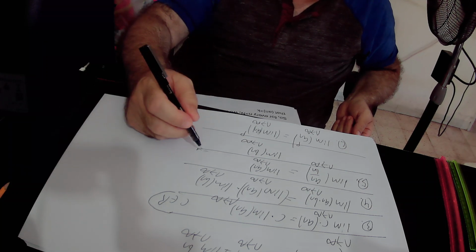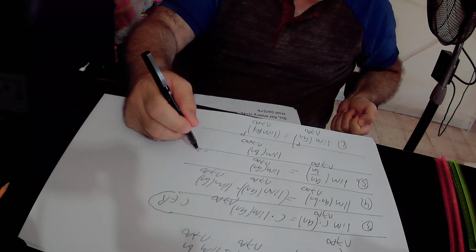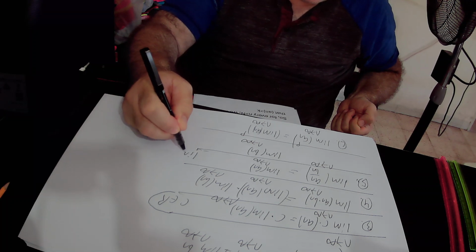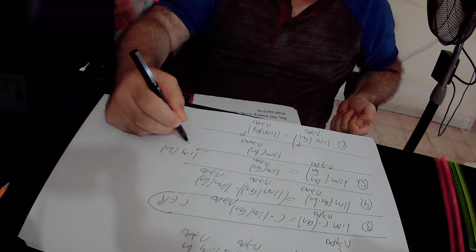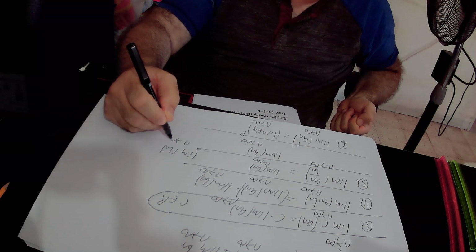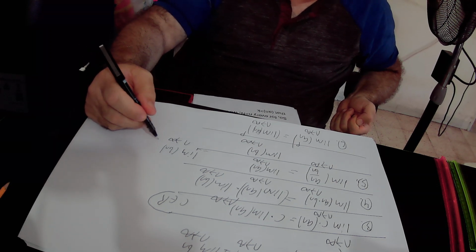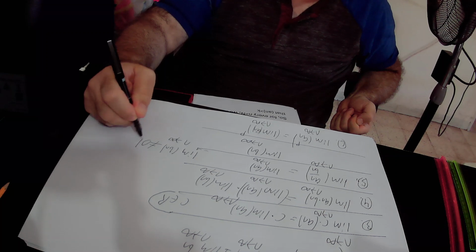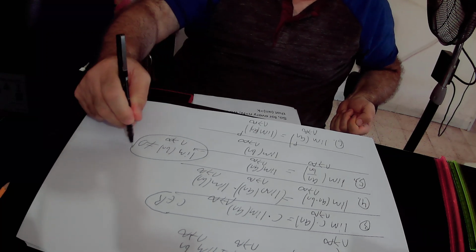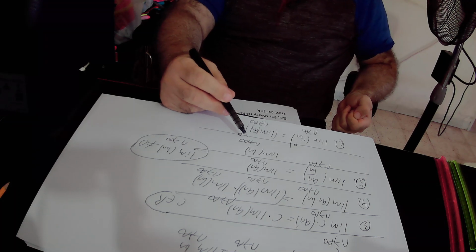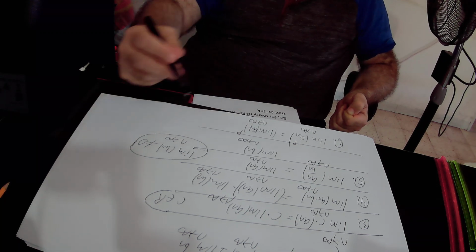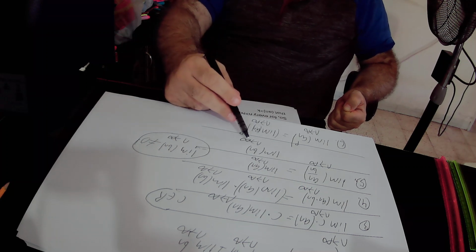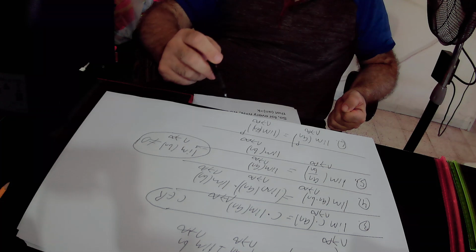And here I must add that lim bn when n tends to infinity must not equal 0, because if lim bn equals 0, we divide by 0, and it is not allowable to divide by 0. Therefore lim bn when n tends to infinity must not equal 0.